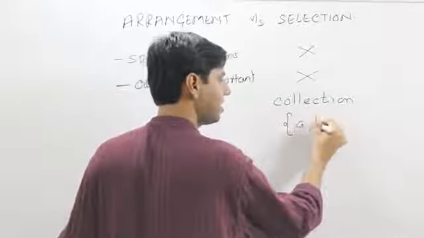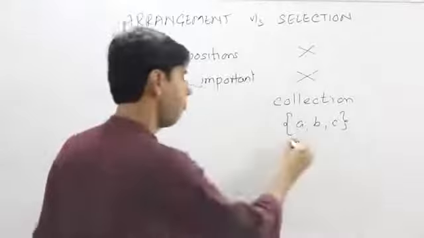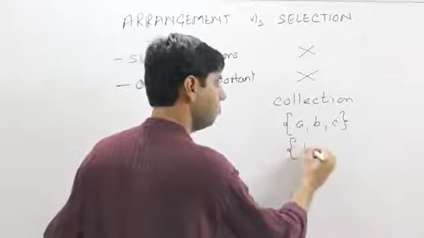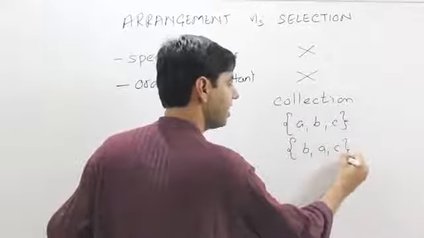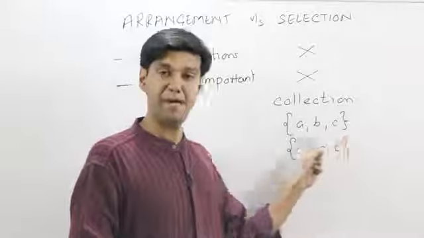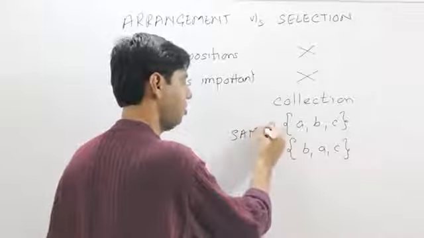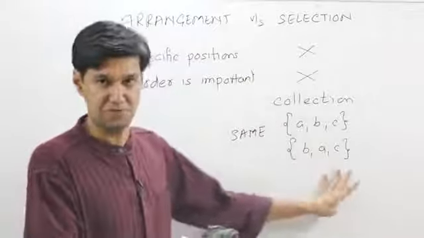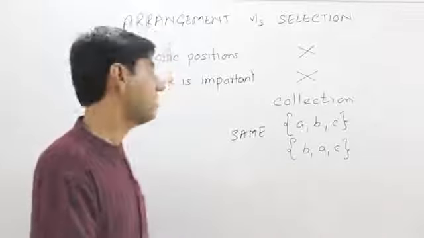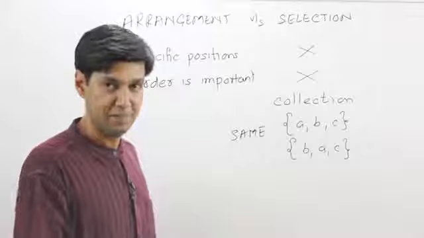So I have a collection of A, B and C. Would you say the collection of objects B, A and C is different? Since it is a set, the order does not matter. So both of them are the same collection of objects or a selection of objects, whichever way you want to frame it. So what we are saying is that the order is not important in a collection.